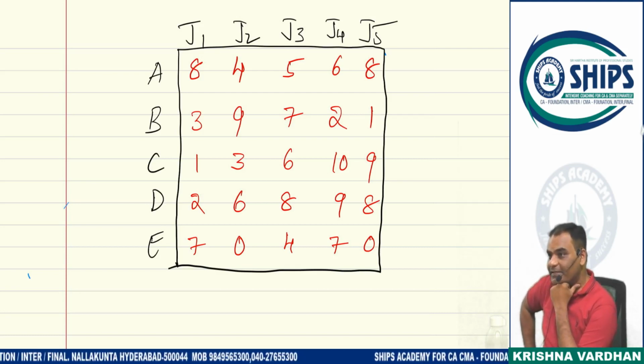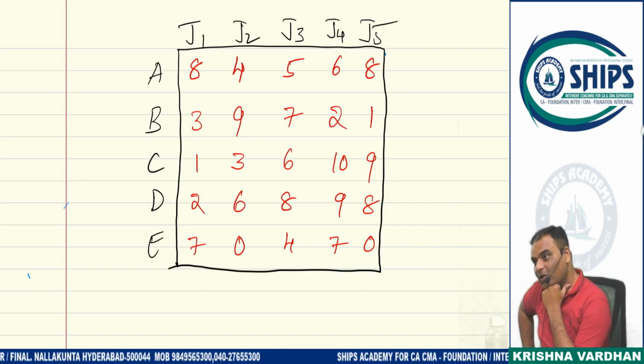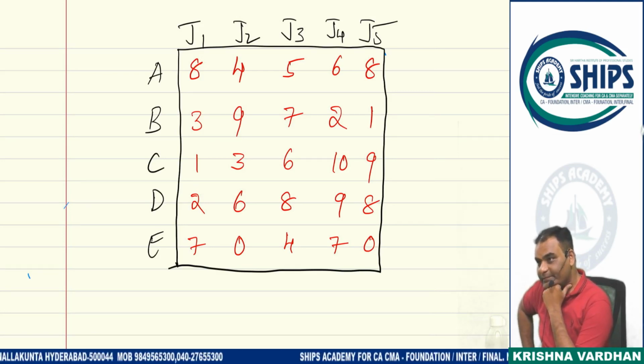Because the condition was to draw the lines covering all zeros. You can come back here. I'll tell you where you made a mistake.